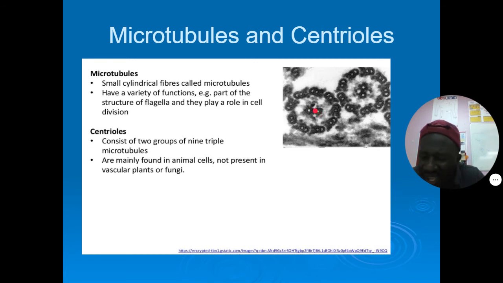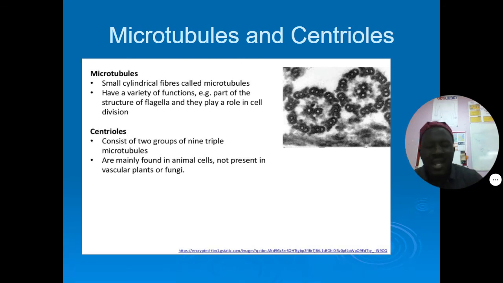And if you see here, I have another pair, which would be the 10th pair, put in the middle. So that means this arrangement is a 9 plus 2 microtubule arrangement, which is typical of the eukaryotic cells. For prokaryotic cells, they have a 9 plus 0 microtubule arrangement.